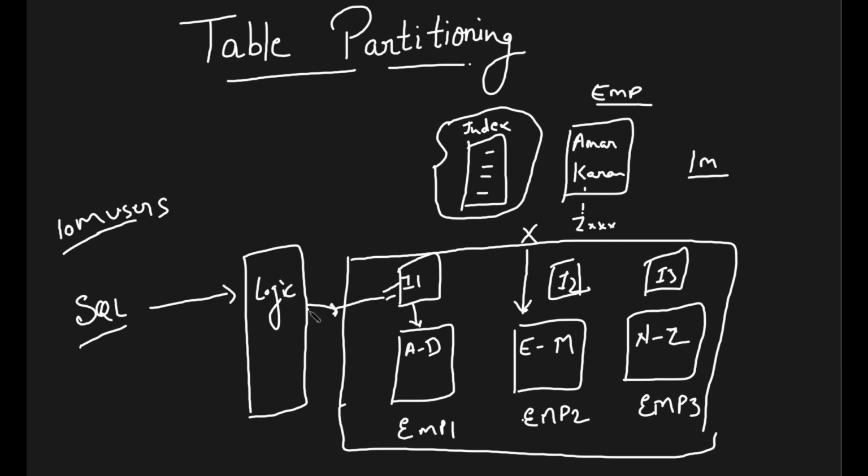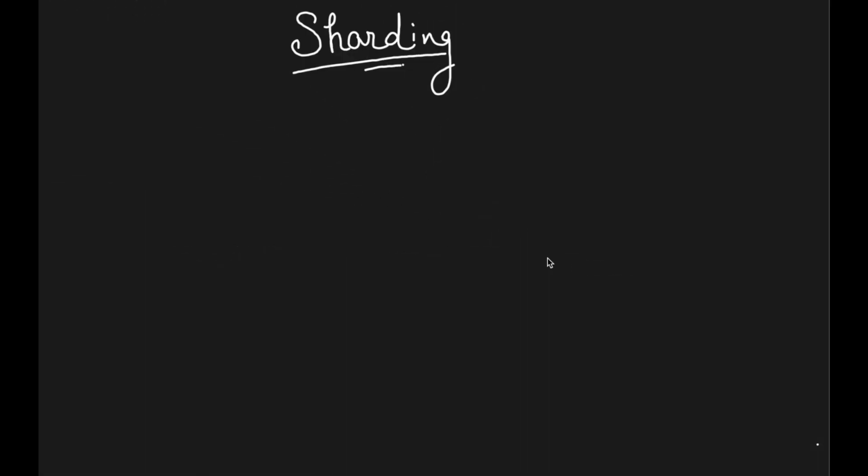So to mitigate that, let's jump to the next technique. It's about sharding. Sharding is a similar concept to what we discussed in table partitioning. The difference is, in table partitioning we were keeping all those small tables on a single database server.